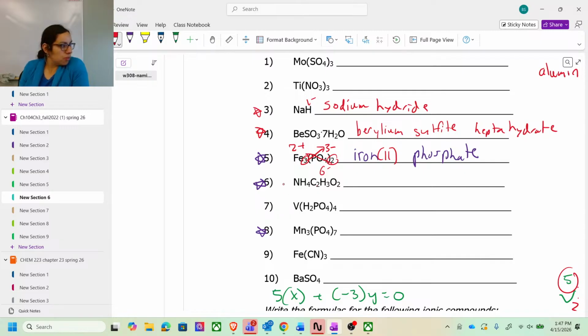And then what about this one? This was tricky just because we had a lot of polyatomics in there. Yep, so ammonium acetate. Good job recognizing this. Students always get tripped up by it, including my 200 level students, so don't feel bad. That's the other thing about chemistry.